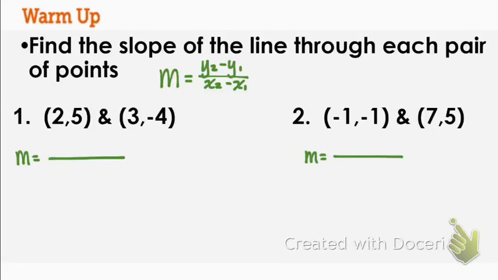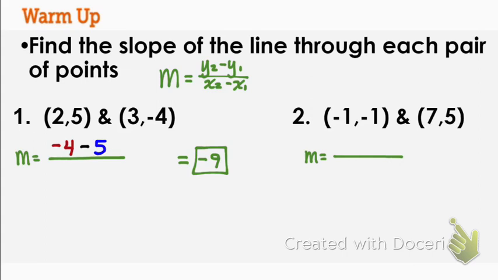What is the slope for the first one? -9. How do we get there? -4 minus 5. Yes. -4 minus 5.